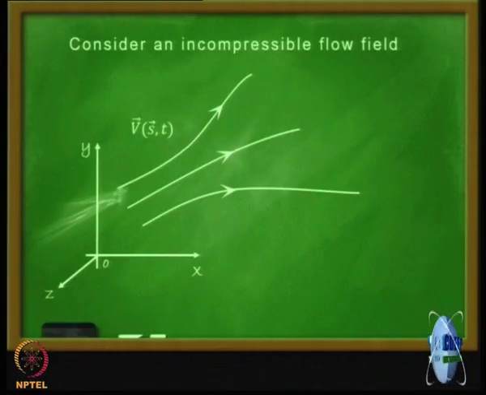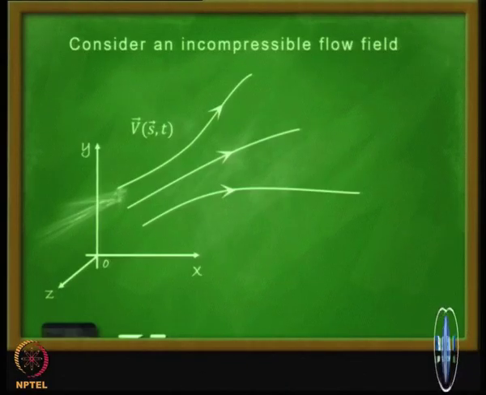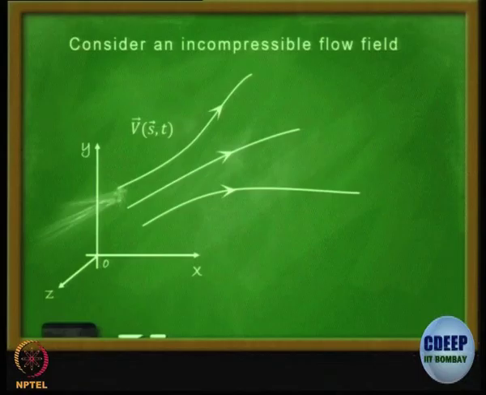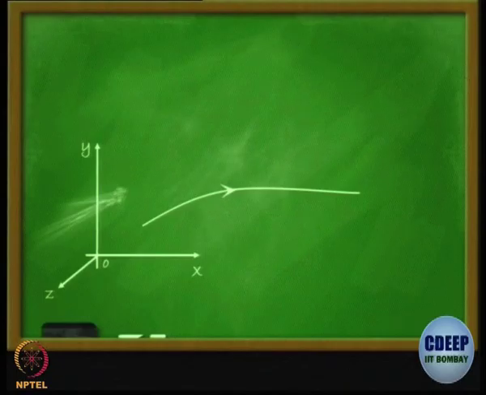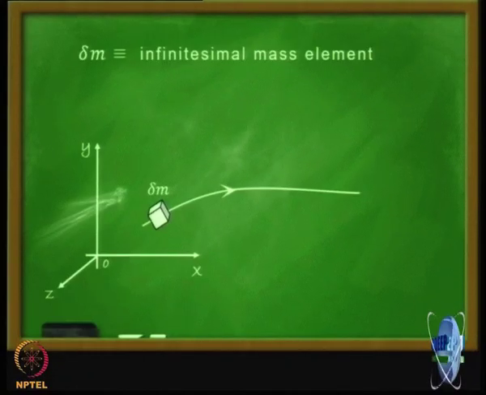So here is some velocity field. The velocity field basically means that as a function of some position vector s in the xyz space, I will show you very soon, and time, there is some velocity. So let us focus on one small element of mass delta m, delta m being very small.